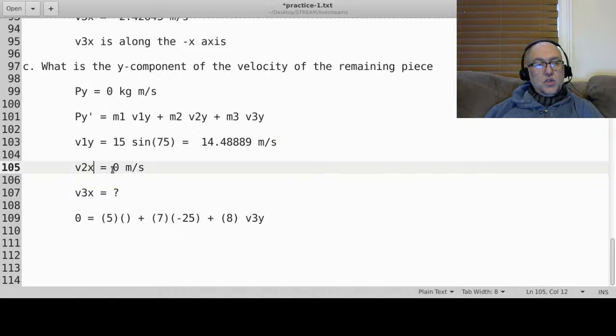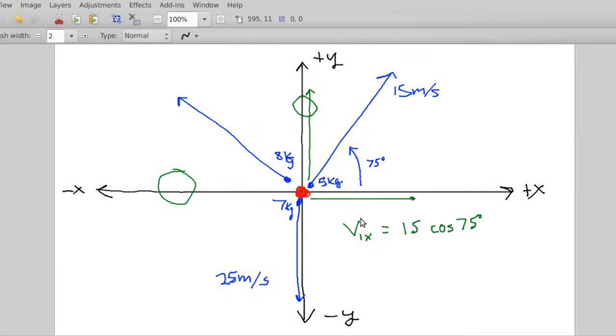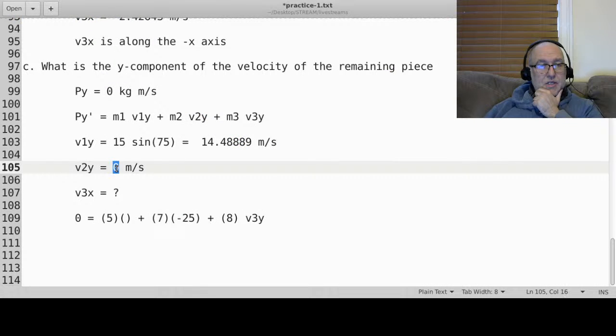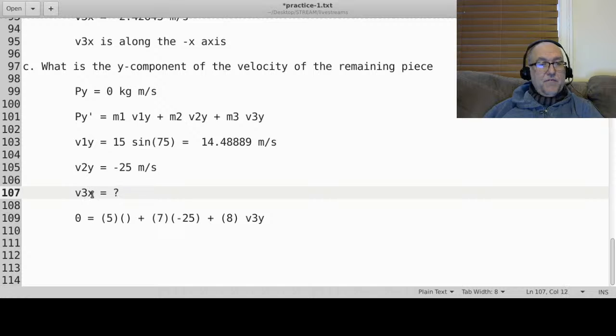v2y is still, oh, no, it's not 0. I'm sorry, almost made a mistake. Let's take a look at the whiteboard again. It's 25 in the negative y direction, so it's actually negative 25. So over here, this is actually negative 25 meters per second. And v3y is still unknown.